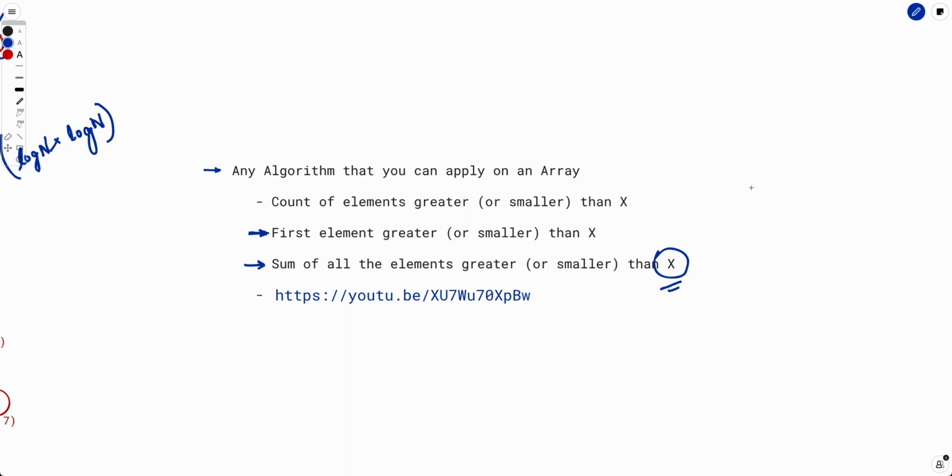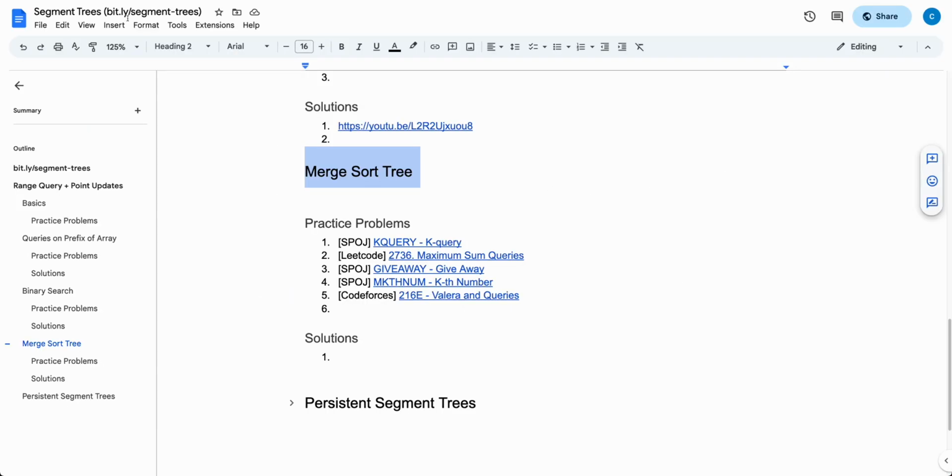In the next few videos, we'll be looking at some of the problems that utilize this merge sort tree concept. I would strongly encourage you to try the first problem by yourself. In the next video, we'll look at the exact solution of this particular problem and the code as well.